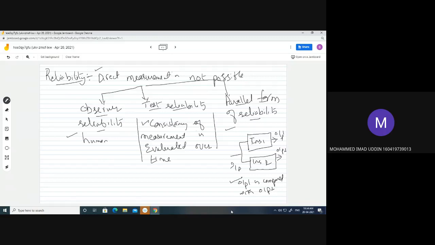Next point you can write, which is there on the board. Direct measurement of reliability is, instead of writing not possible, you can write very difficult.